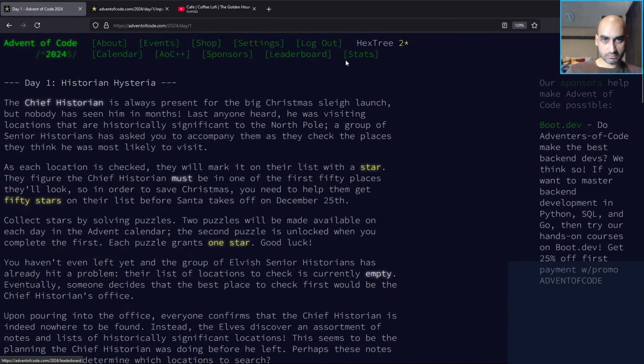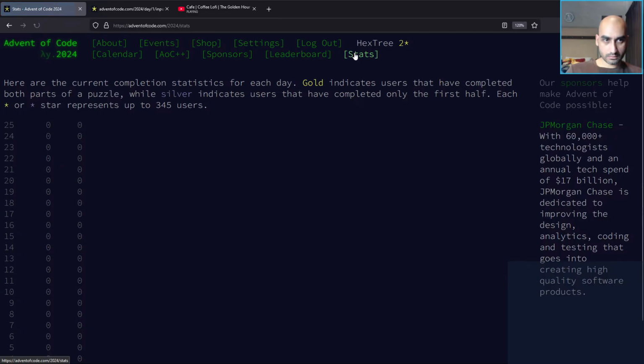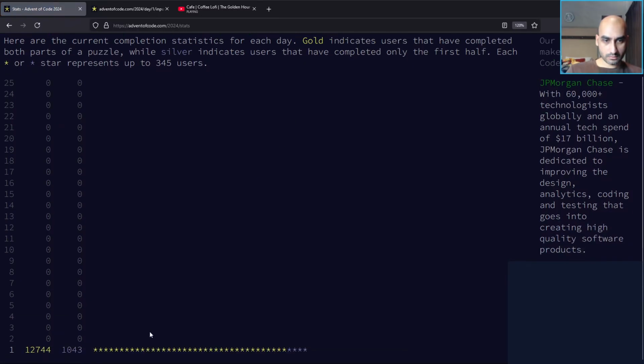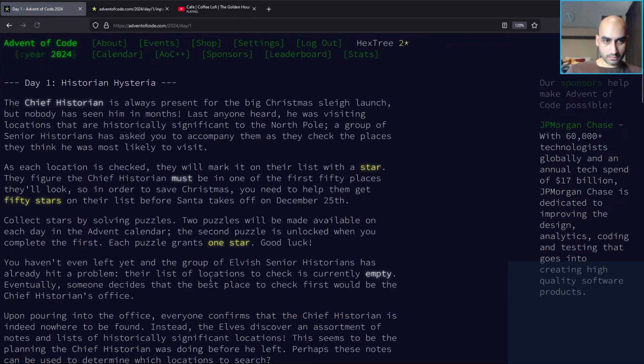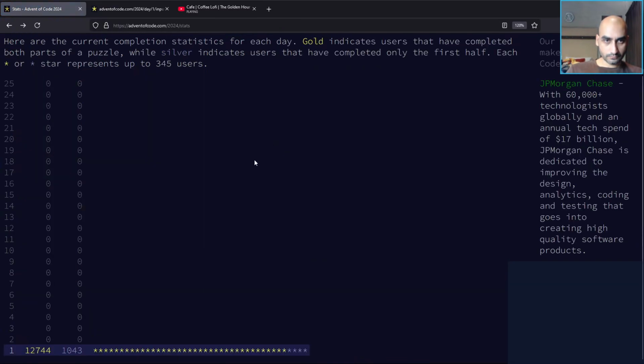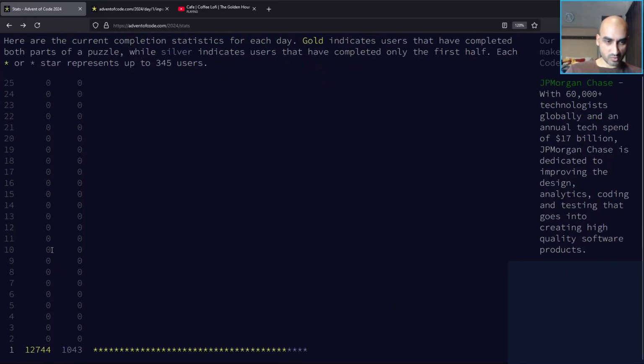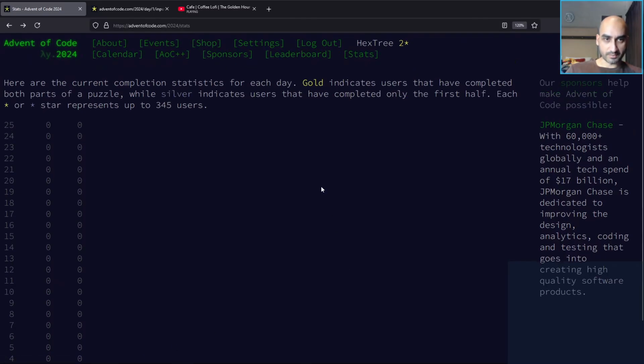Let's have a look at stats. Nothing much to say about the stats until we see more days, because there's always going to be a big peak in the first few days, and then people start giving up.